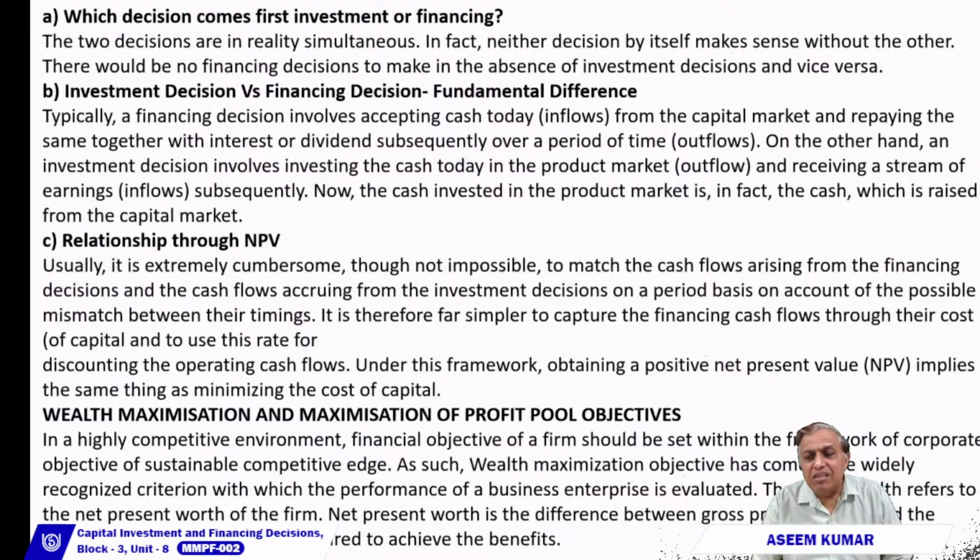The word wealth refers to the net present worth of the firm, and the net present worth is the difference between gross present worth and the amount of capital investment required to achieve the benefits.